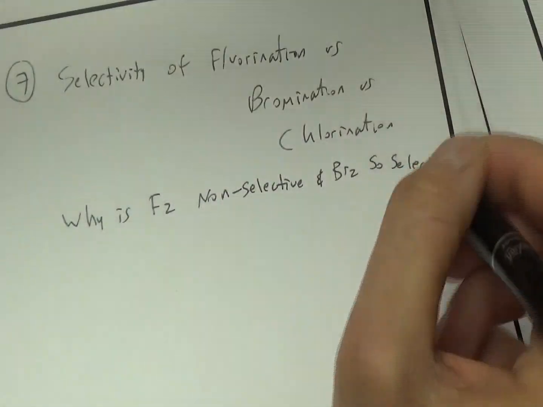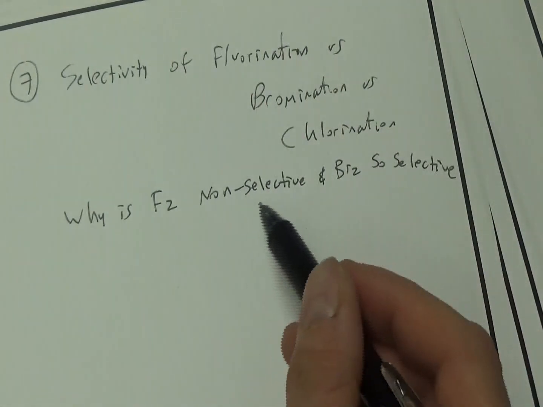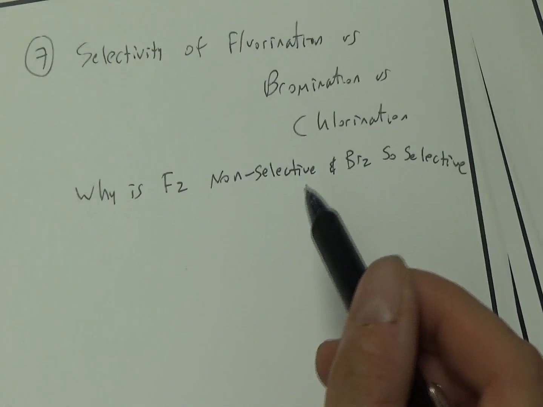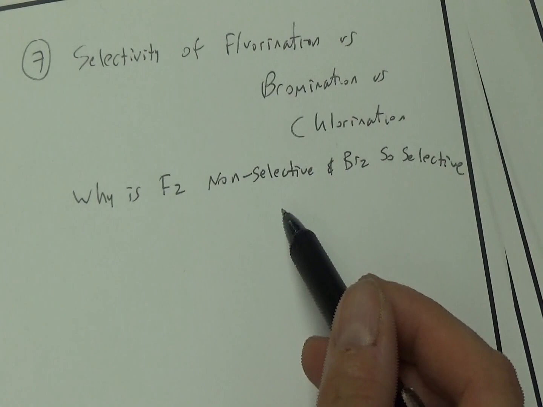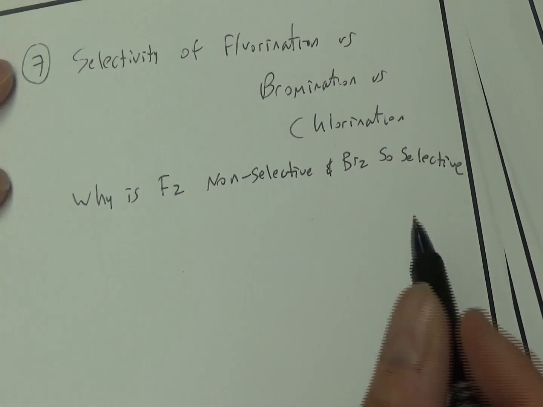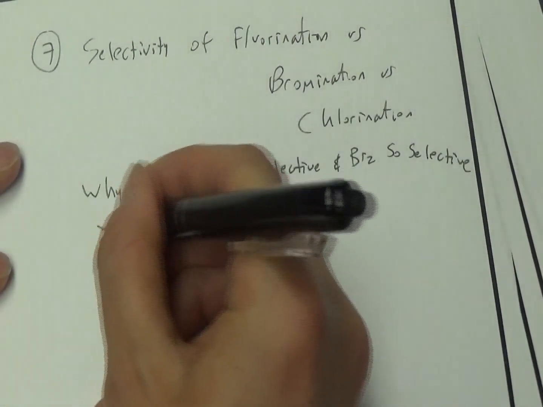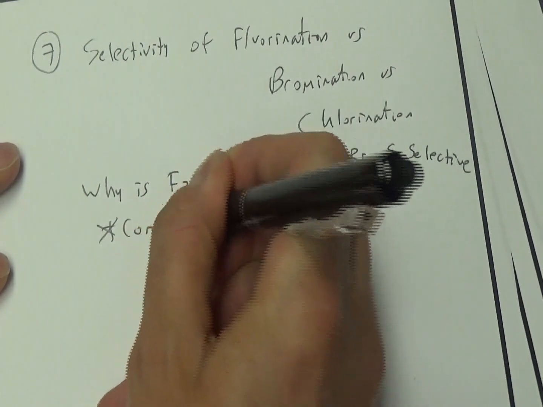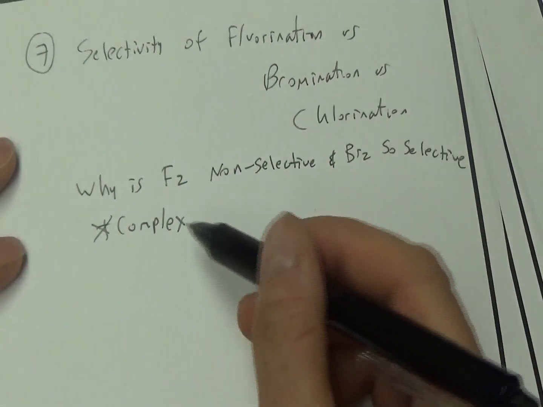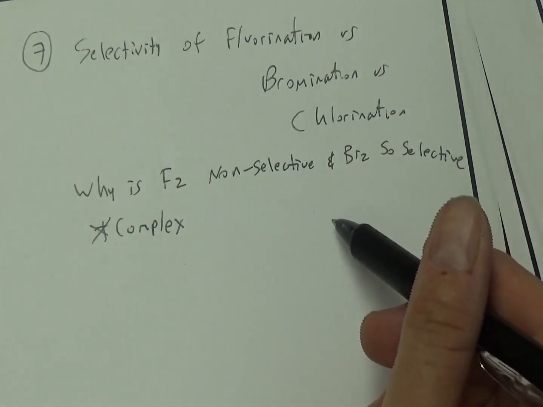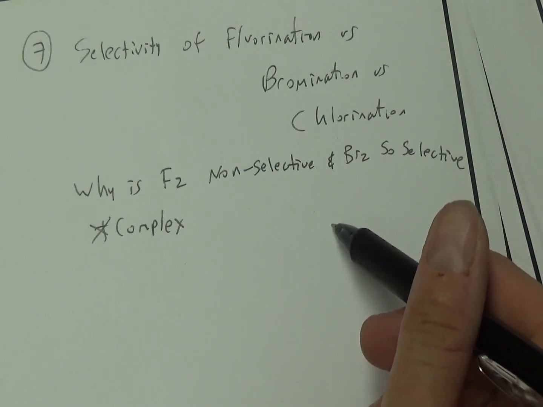Alright, so fluorination is very non-selective. Remember the very low selectivity numbers for primary, secondary, tertiary. And this is kind of complex, but just understand that. I'm not going to ask you to explain this, so don't worry about doing this on a quiz or whatever.